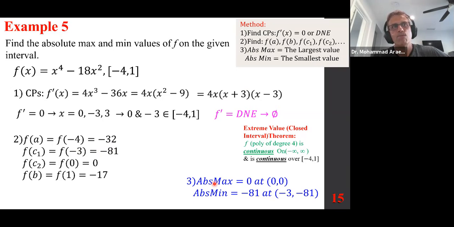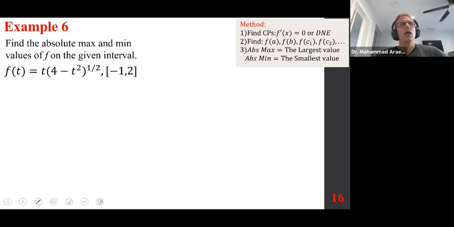Let's look at the last question, everybody. We want to find the absolute max and min for this function in the given interval of negative 1 to 2. The very first thing we want to establish is what type of function we have.